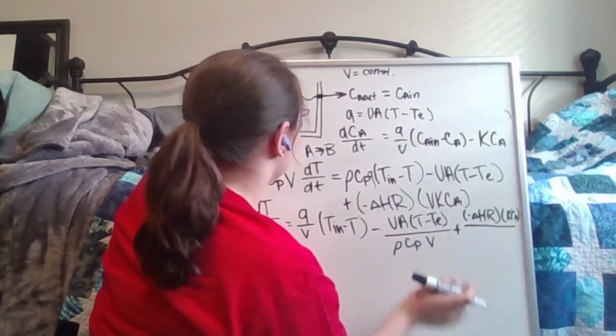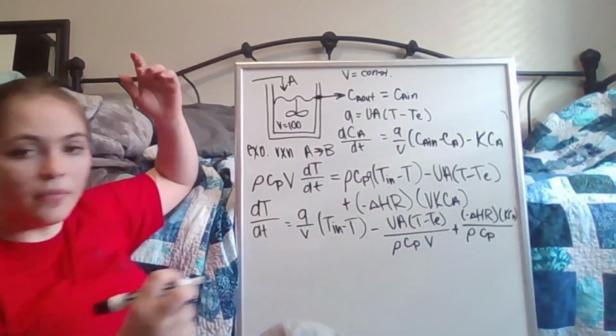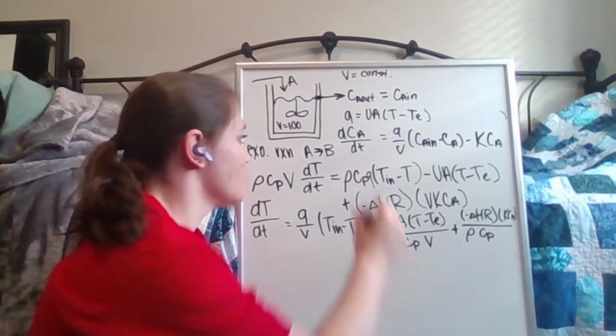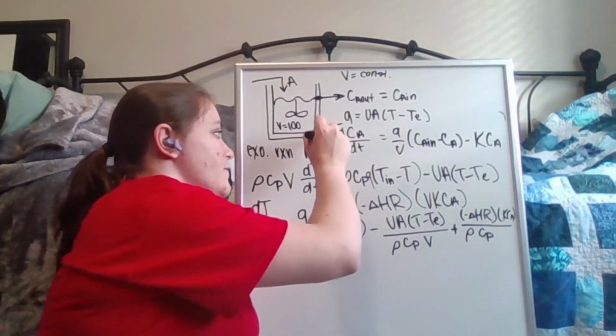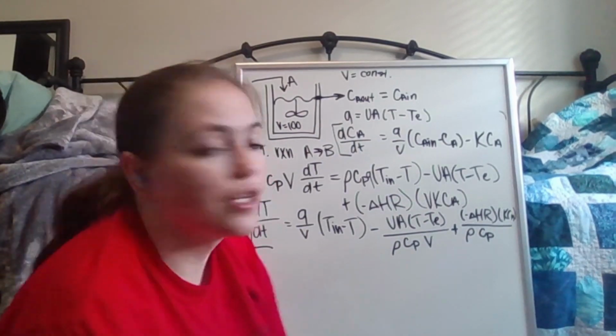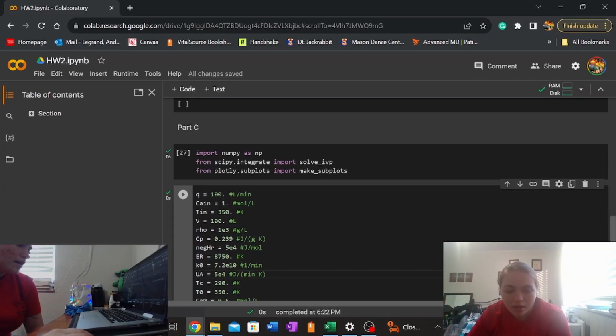And so if just the volume cancels, we have density and specific heat. So those are our two equations. We have this friend right here, and then this friend. And those are what we're going to use to code in Google Collaboratory.